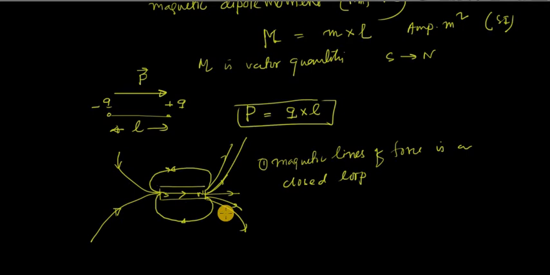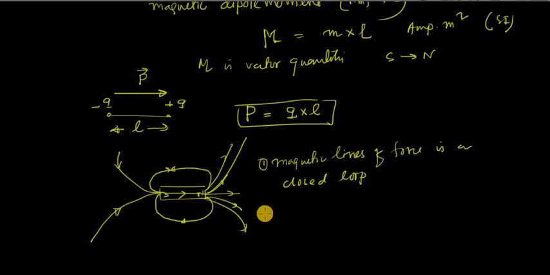So this is our basic idea of magnetic lines of force. This is a very important property. This is the number one property.